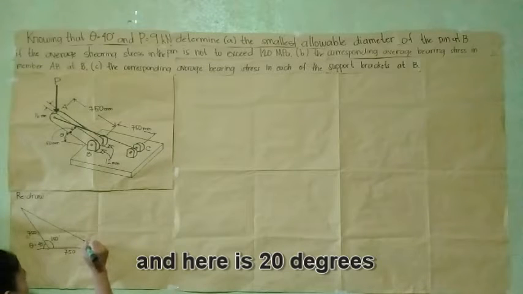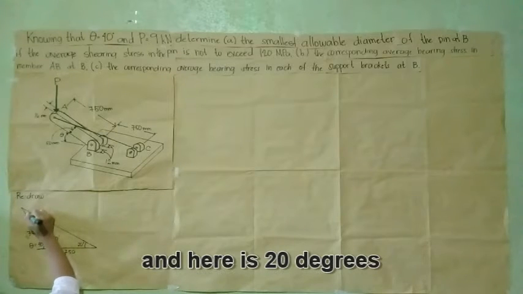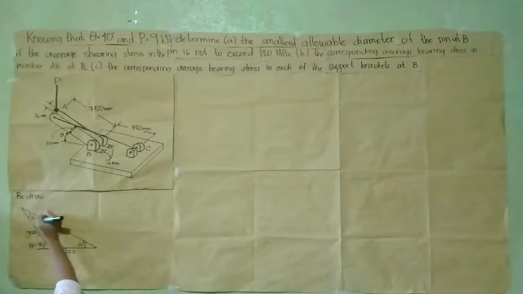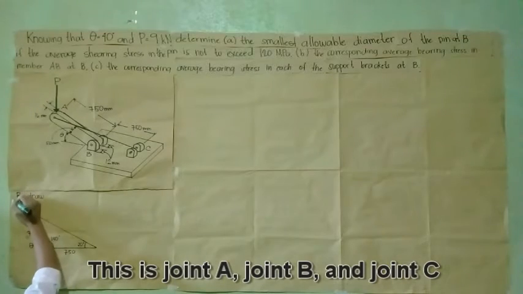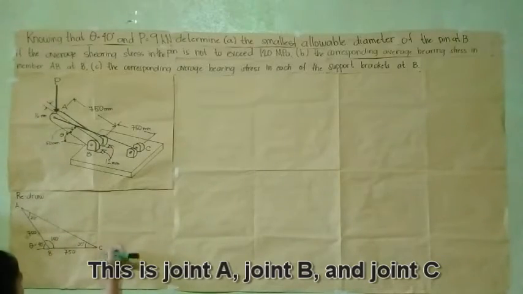And here is 120 degrees. And here is 20 degrees. And here's point A, point B, and point C.